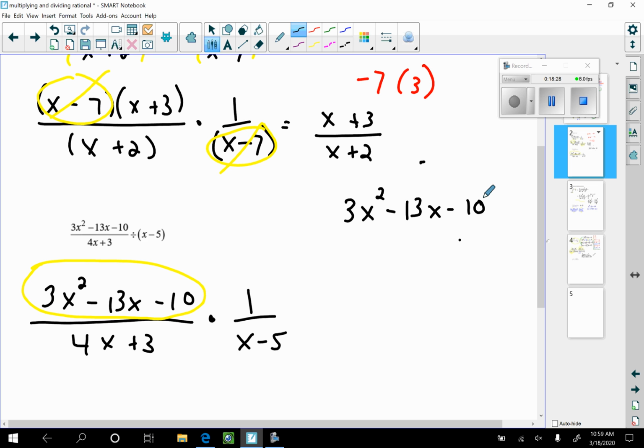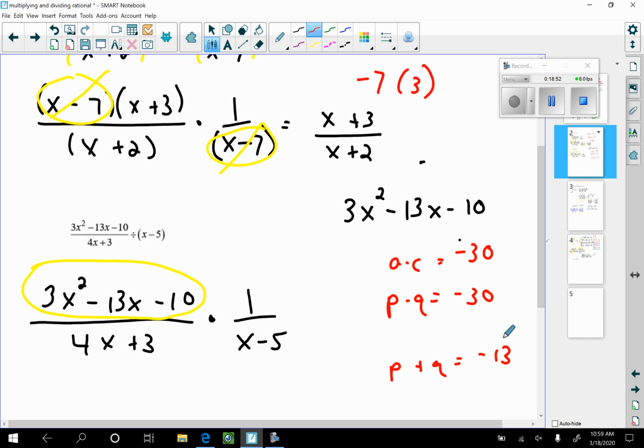All right, so let's do the AC method. A times C is going to be negative 30 here. And I want two numbers, P times Q, to equal negative 30, and P plus Q to equal negative 13. Let's see here. I have negative 10 and 3.